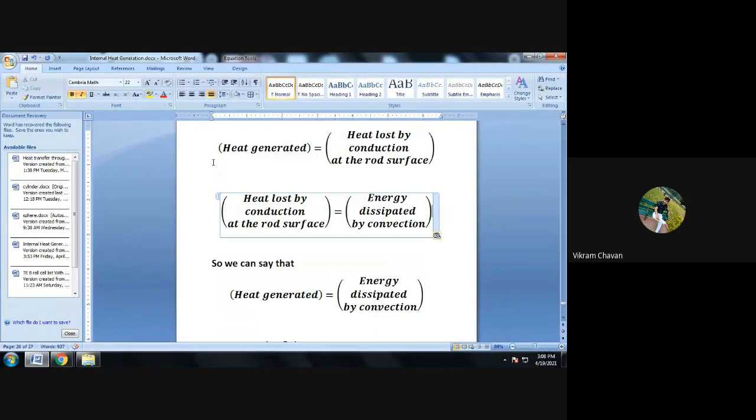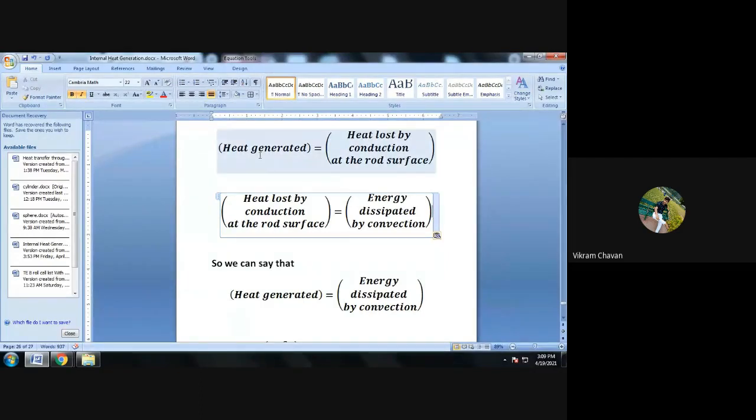And whatever heat is lost by conduction to the rod surface, that much amount of heat will be dissipated to the environment. So heat lost by conduction at the rod surface is equal to heat dissipated by convection.